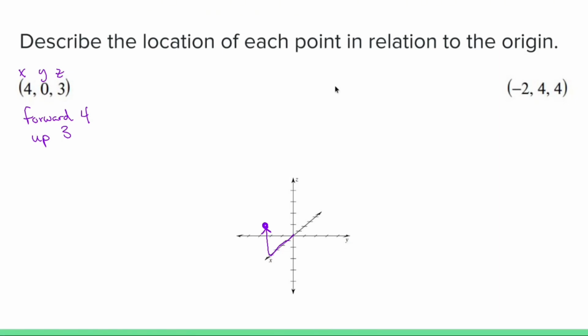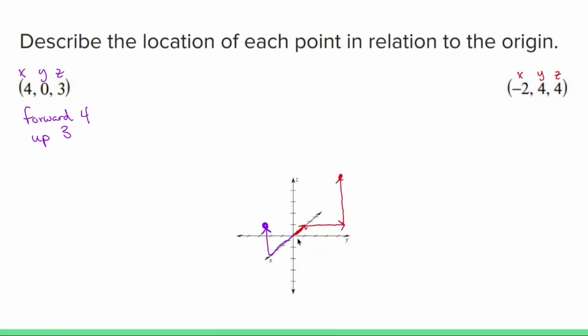Now let's do the same thing over here. Again we have x, y, and z. So this would be going away from us, 1, 2. So we're going that way first, 2 units. Then we're going to go 4 in the y direction, so 1, 2, 3, 4. And then we're going to go up 4, so up 1, 2, 3, 4, and end up here.